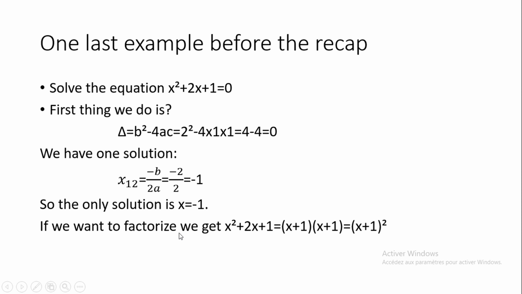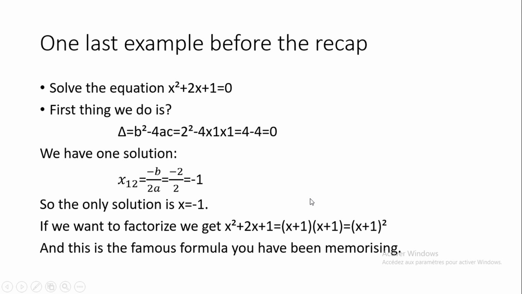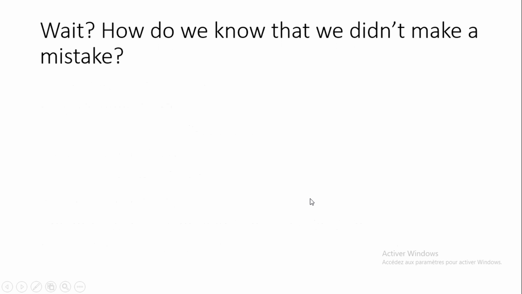If we want to factorize, we get x squared plus 2x plus 1 equals x plus 1 times x plus 1, which is the well-known identity x plus 1 squared equals x squared plus 2x plus 1. And this is the famous formula you have been memorizing.